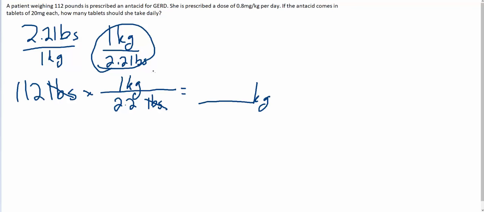So 112 times 1 divided by 2.2 gives us 50.91 kilograms.